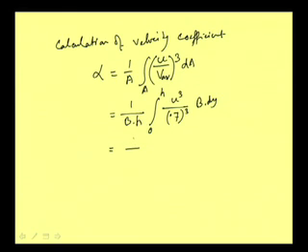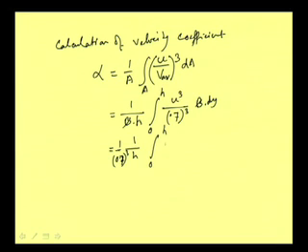So, we can write this as 1 by h, and this b and this b get cancelled as it is constant. So, 1 by h into the integration from 0 to h. Then this 0.7 cube we can bring out, as 1 by 0.7 cube, that is the average velocity cube.